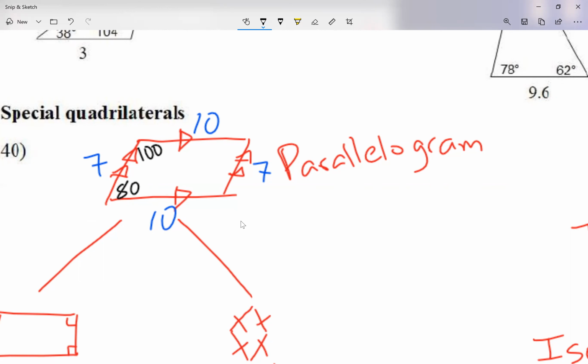It's just going to be flipped. This is going to be 80 and this is going to be 100. The idea on a parallelogram is when you connect two angles that are next to each other, we use the word adjacent, right? So if you look at two angles that are next to each other and you add them up, it will give you 180. Pretty cool.